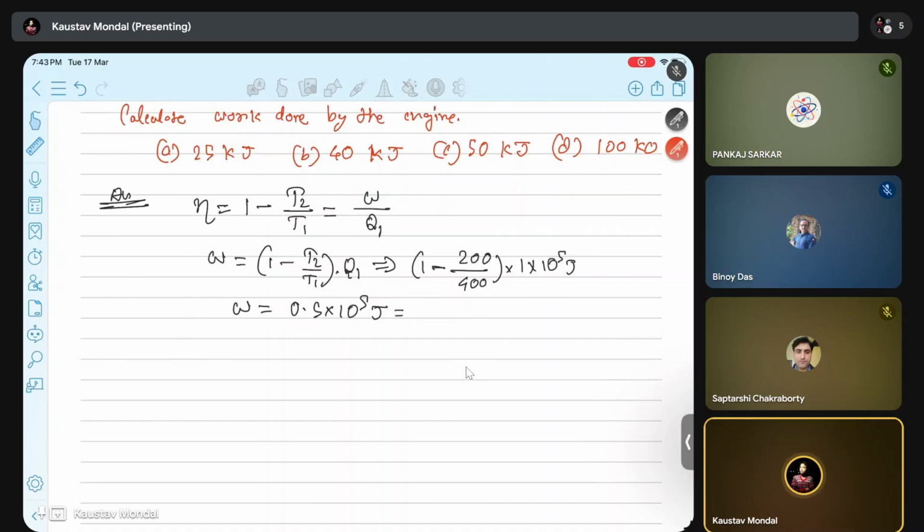The answers are given in kilojoule, so it becomes 5 into 10 to the power 4 joule, that is 50 kilojoule. So 50 kilojoule is the right answer.